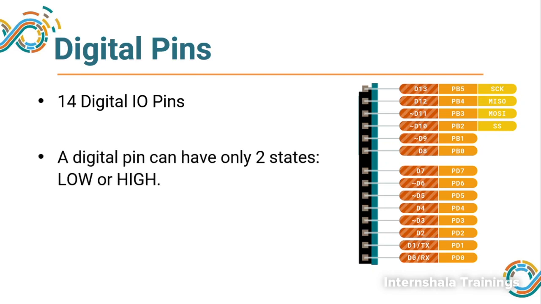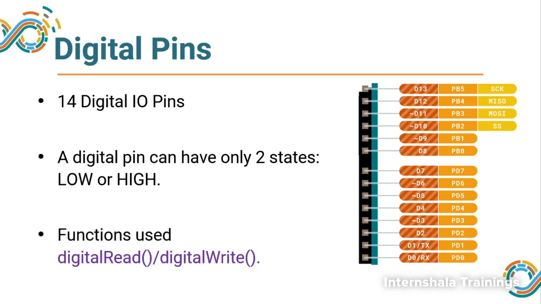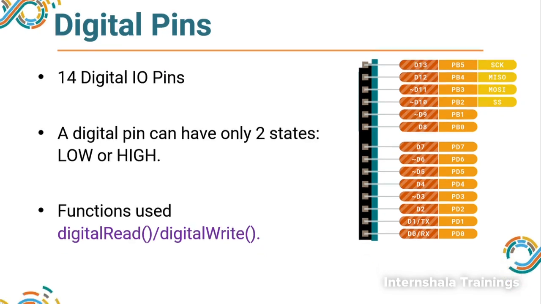A digital pin will have two states, low or high. That means their inputs as well as outputs will be either 0 or 1. They can be read and written using the commands digitalRead or digitalWrite. When we go through the programming concepts, we will discuss these commands in detail.